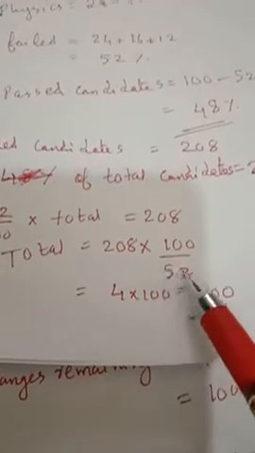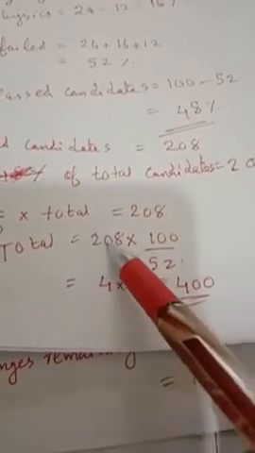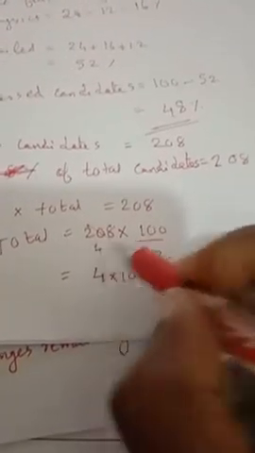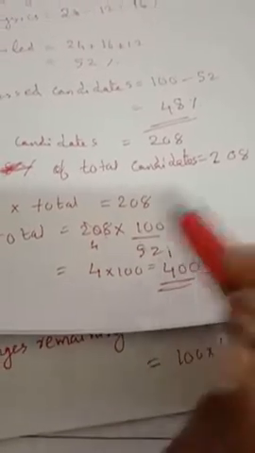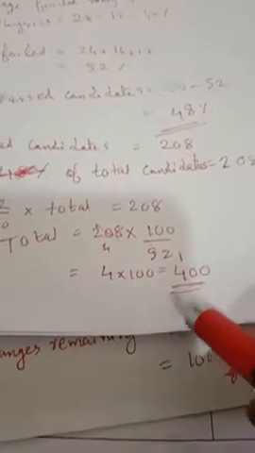In 52 and 208, 1 into 52 is 52, and 4 into 52 is 208. So 4 into 100 is 400. Total number of candidates is 400.